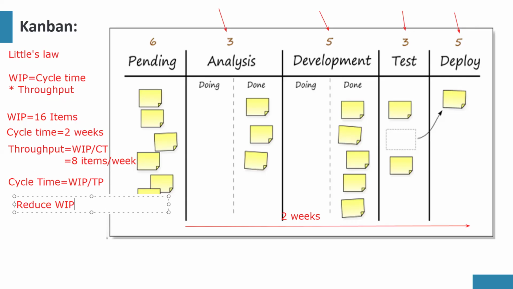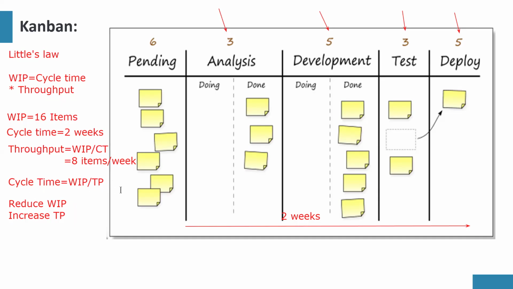Wait, I hope I'm not confusing. If we increase throughput, sorry, Peter, you're actually right. Using this formula, if we increase throughput, the denominator gets bigger, so the value gets smaller.